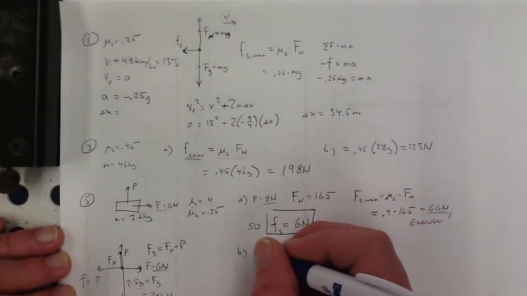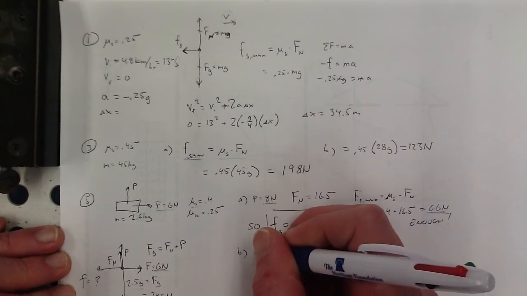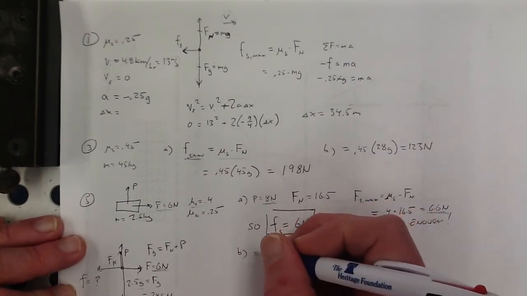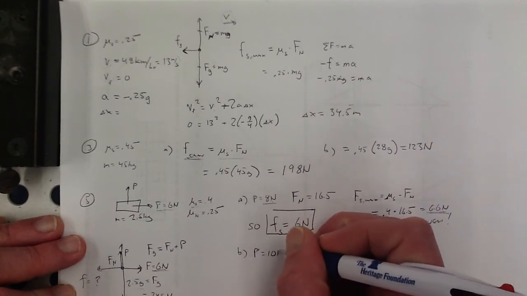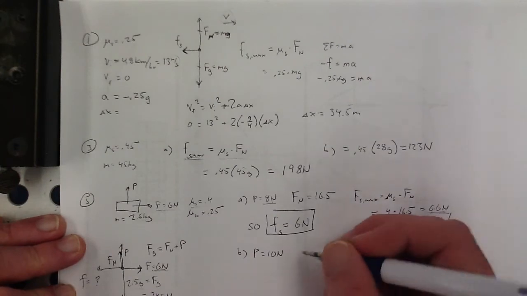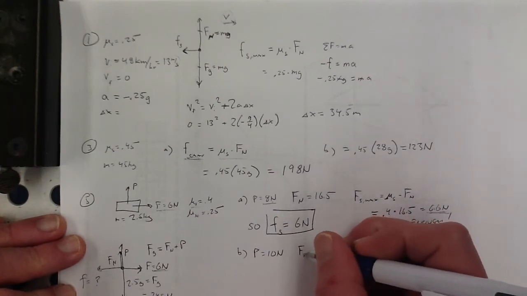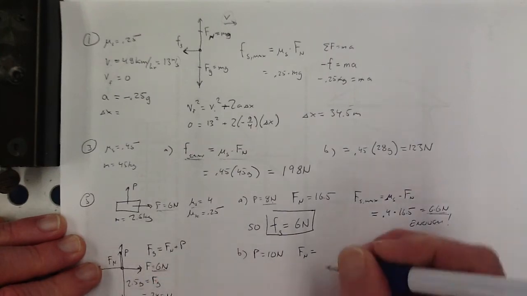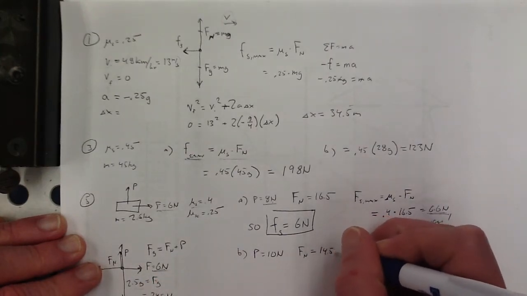What about B if the upward P force is 10 newtons? What about that? Well, if that upward pull is 10 newtons, then the normal force to match this would only have to be 14.5.